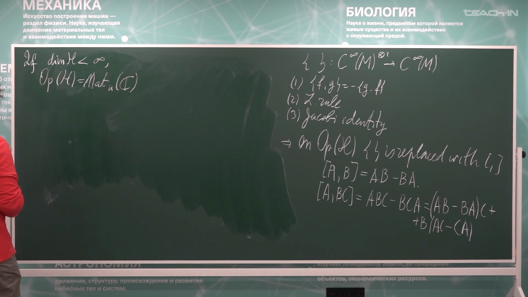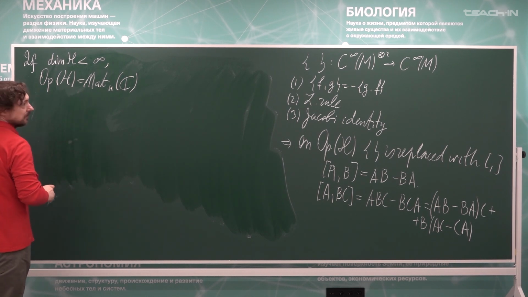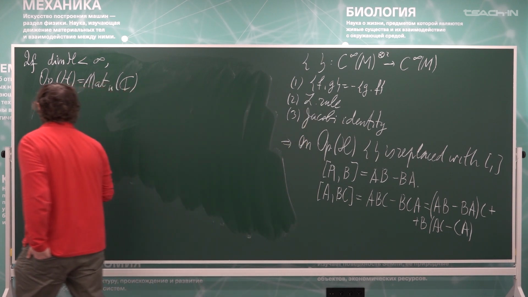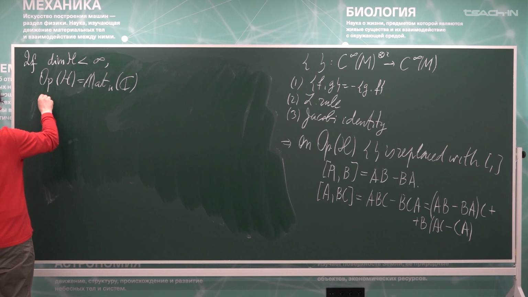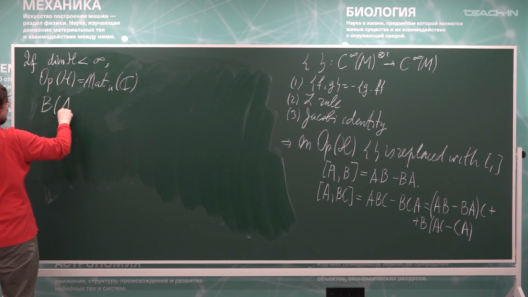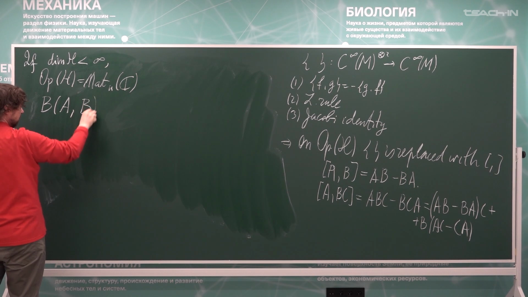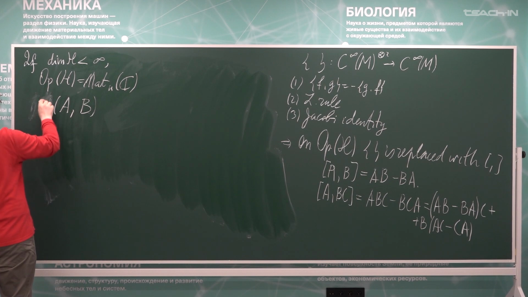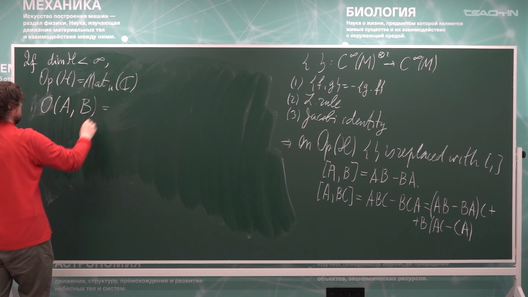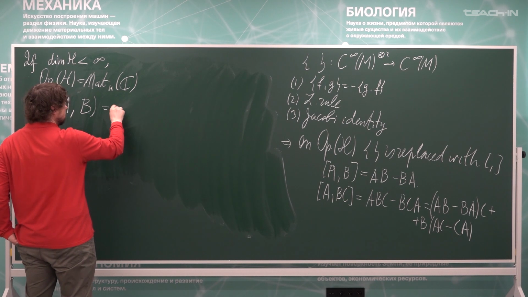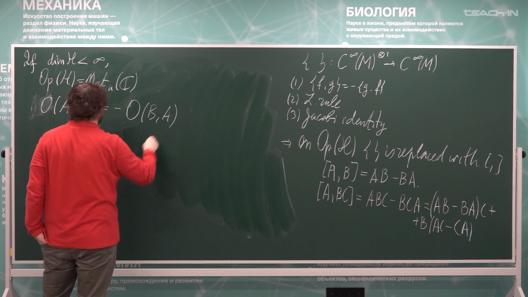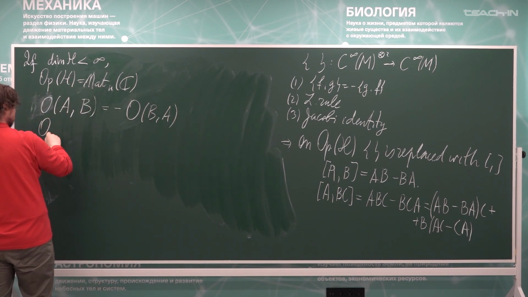And one can ask what operations there can be that would verify these three conditions. So let me denote this operation by B, and when we plug into it two matrices, B is already taken, so let it be O operation. It should be skew-symmetric, but what is more important, it should verify the Leibniz rule.